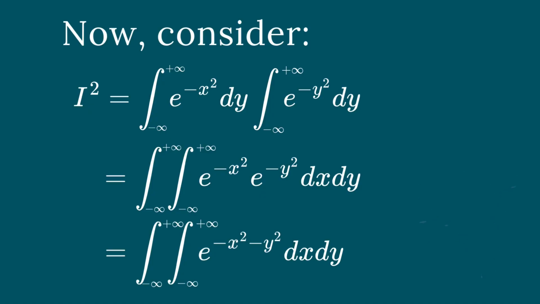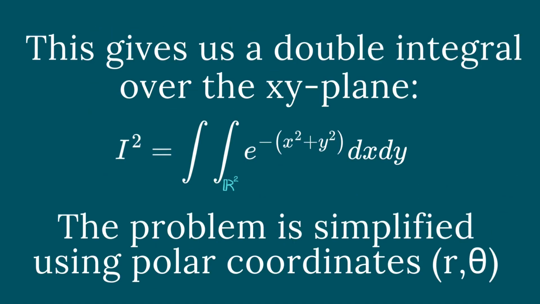This gives us a double integral over the xy plane, the integral from minus infinity to plus infinity of the integral from minus infinity to plus infinity of e to the power of minus x squared minus y squared dx dy. Writing it this way prepares us to simplify the problem using polar coordinates r and theta.